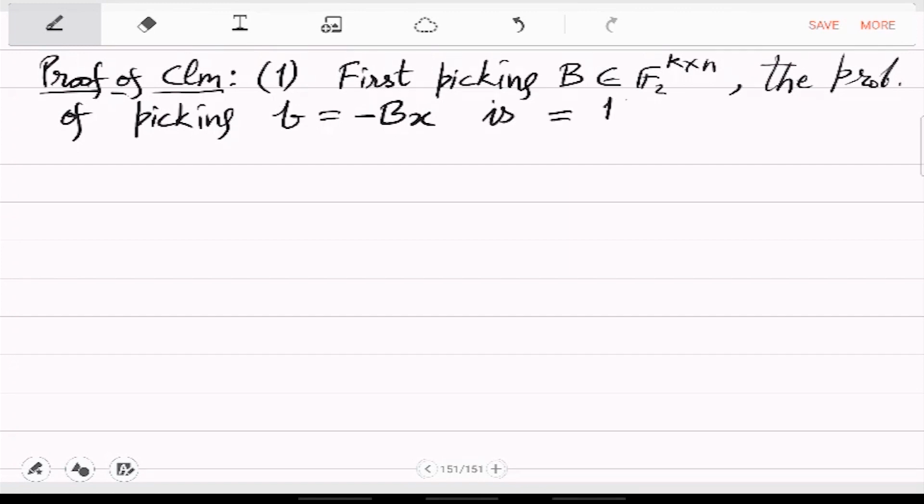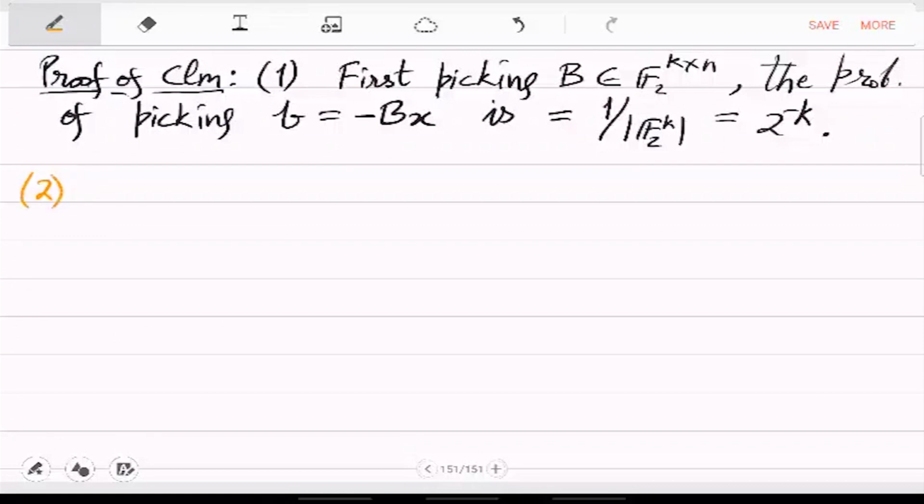This is equal to 1 over the size of F2 to the k. That's the domain of small b. So that's 1 over 2 raised to k. Okay, so that proves the first property. Now let's do the second one.